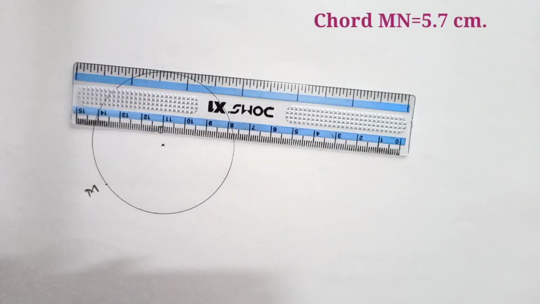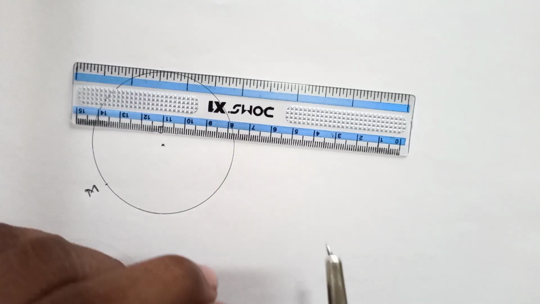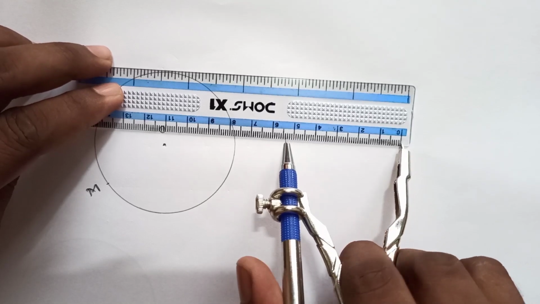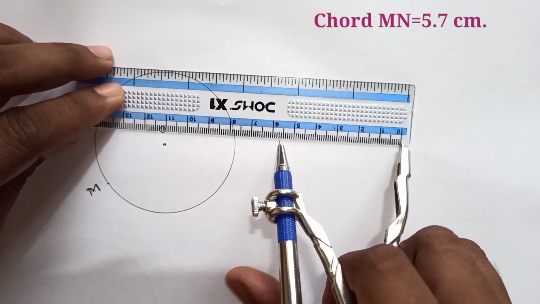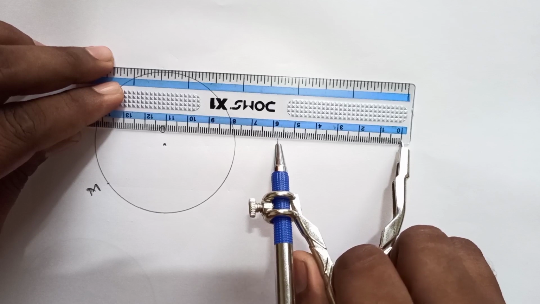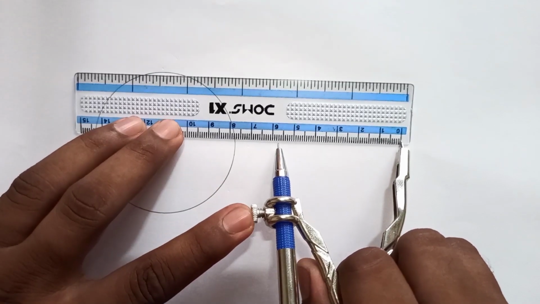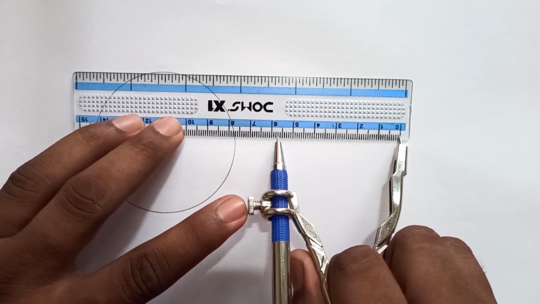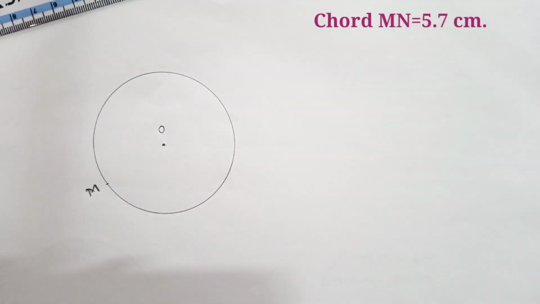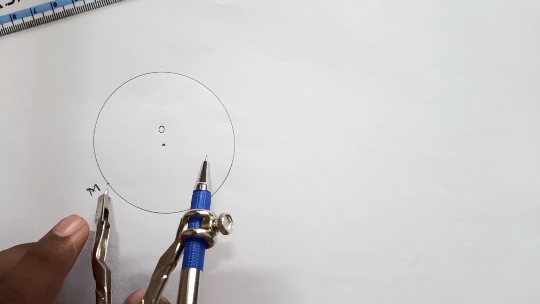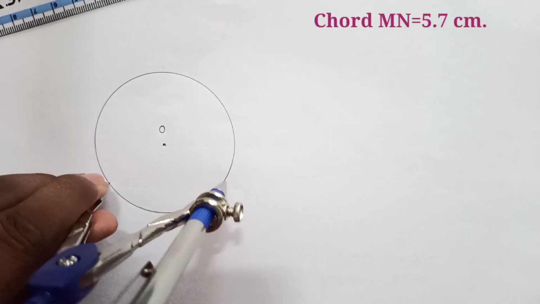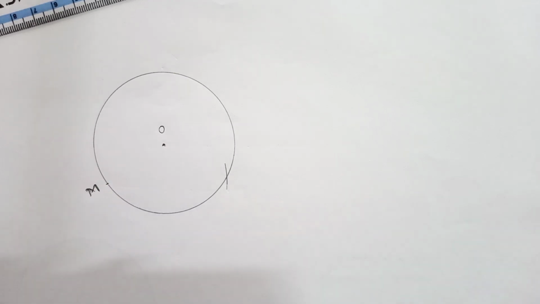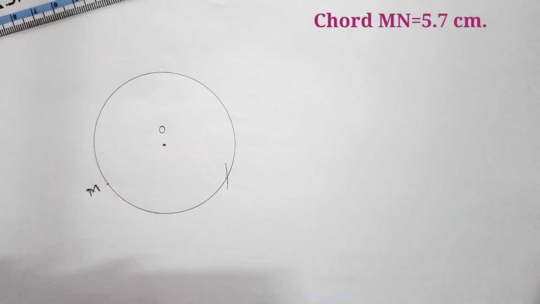So let's take 5.7 centimeter again here in a compass. So look at this, 5.7 centimeter exactly here. Now we will hold this compass on the point M and make one arc here. Look at this, this is the point of intersection, which is the point N.